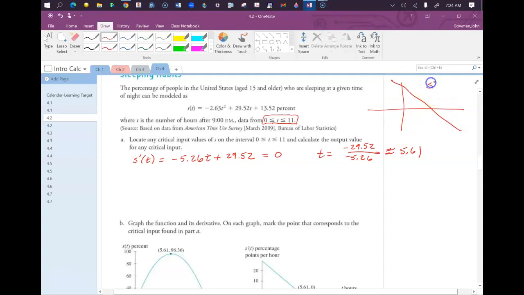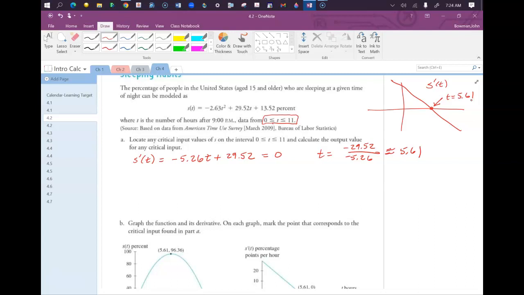So s prime of t would look like this. This would be t equal 5.61, and you could see that the derivative goes from positive to negative there. So we have a relative maximum because the function s of t goes from increasing to decreasing.